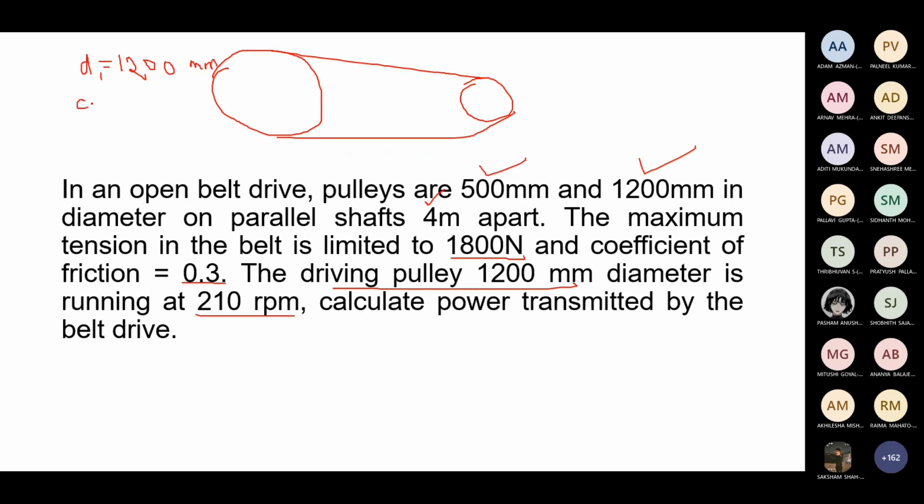And D2 is 500. And the speed is 210 rpm. Similarly, the coefficient of friction is given to you and T1 is also given to you. We have to calculate the power transmitted.